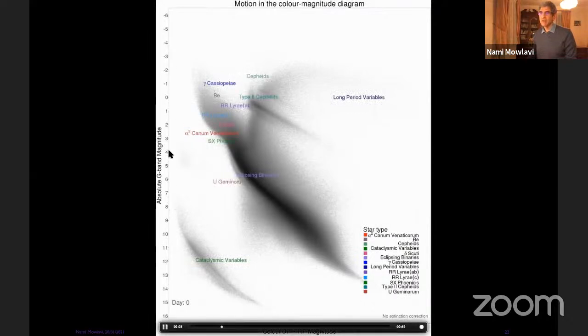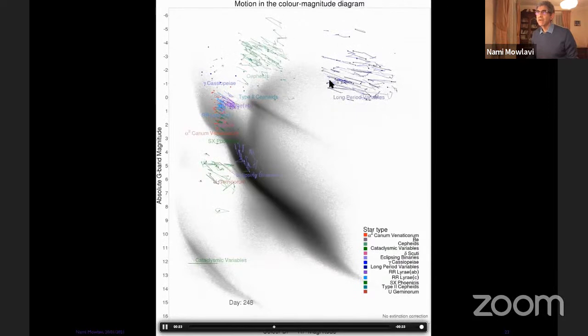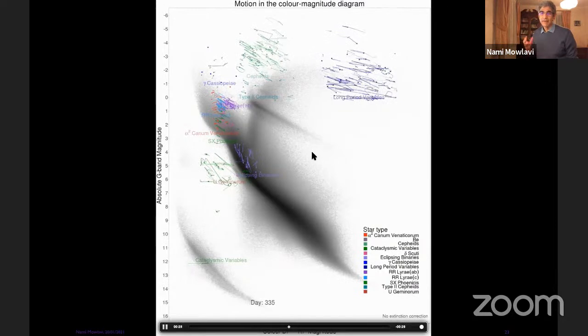In the HR diagram, you have the absolute luminosity, the temperature, and you see here how with the day that is going on here, you see 150 days after the start, how the different stars, long period variables, for example, move in this HR diagram. That's really variability seen in the eye.